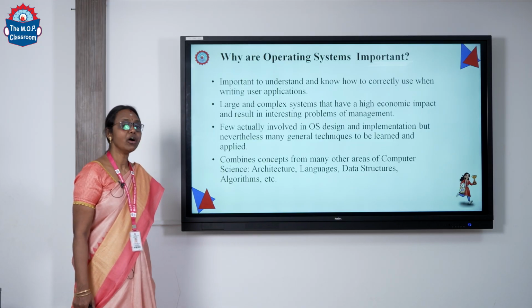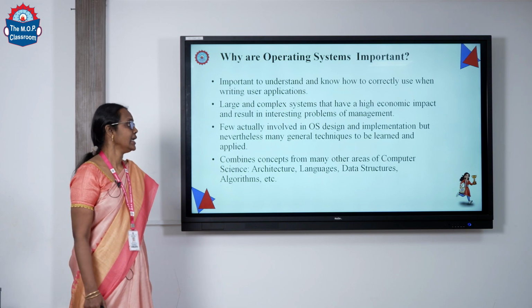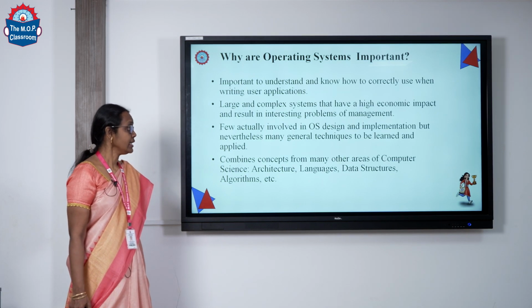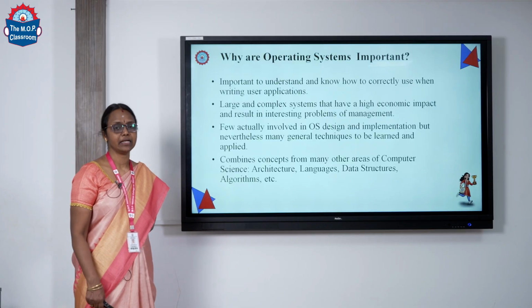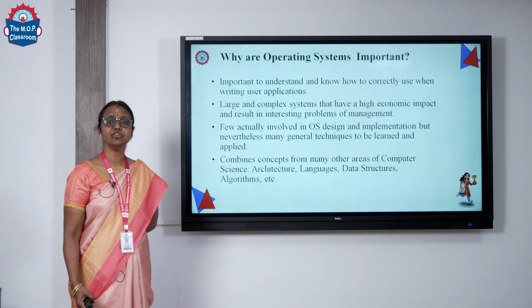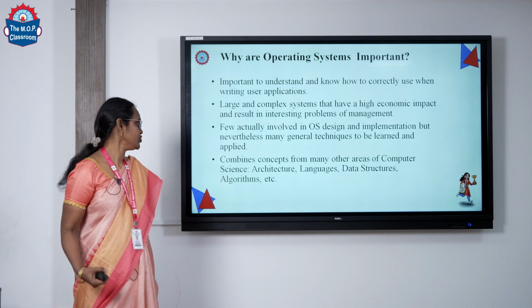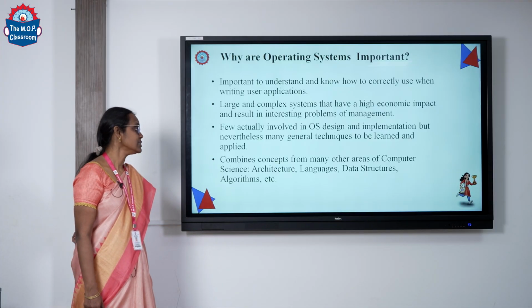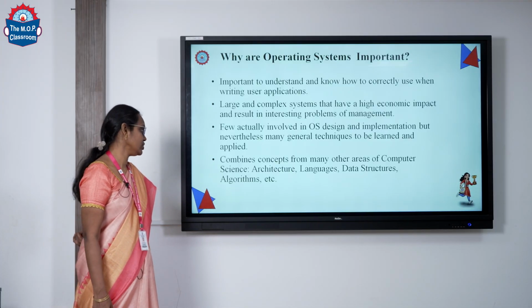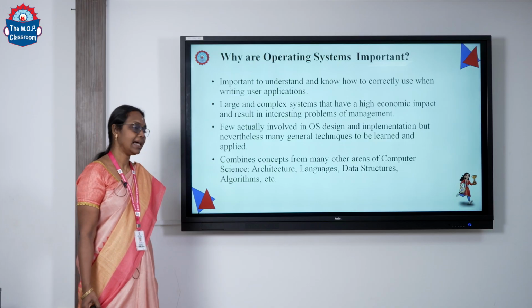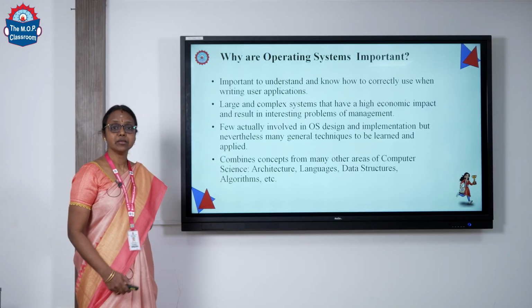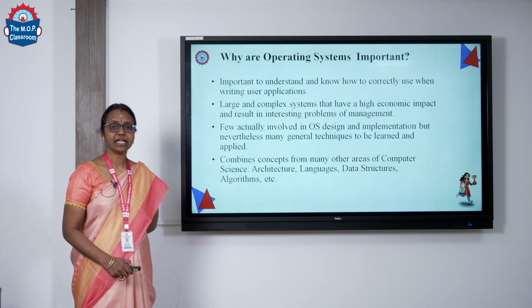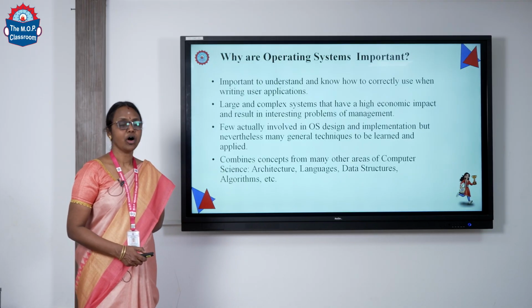Those actually involved in operating systems design and implementation may learn general techniques which they apply so that the operating system is able to allocate resources efficiently. It also draws from many other areas of computer science: architecture, languages, data structures, and algorithms. So, it is important that you have an efficient and good operating system.